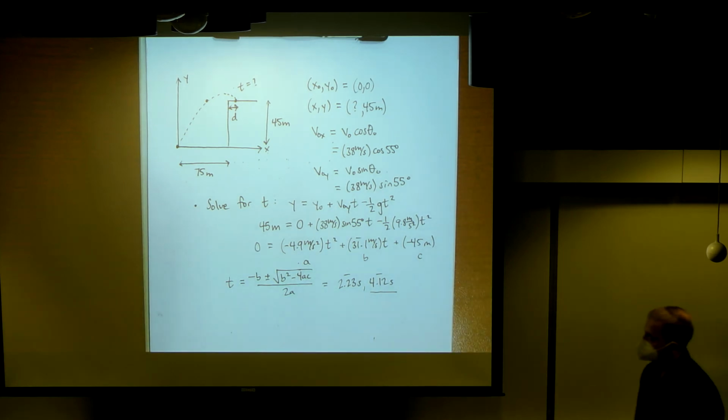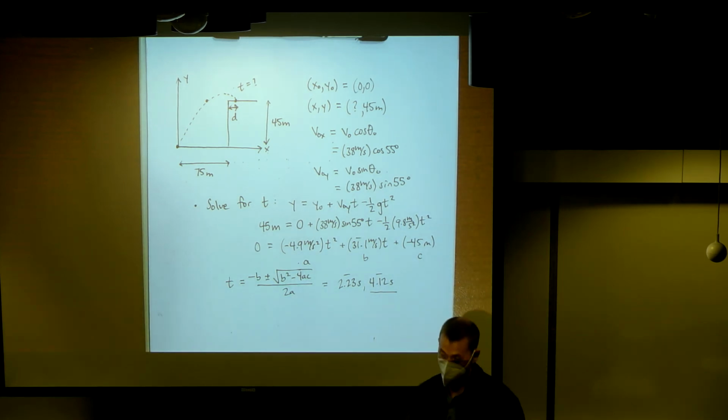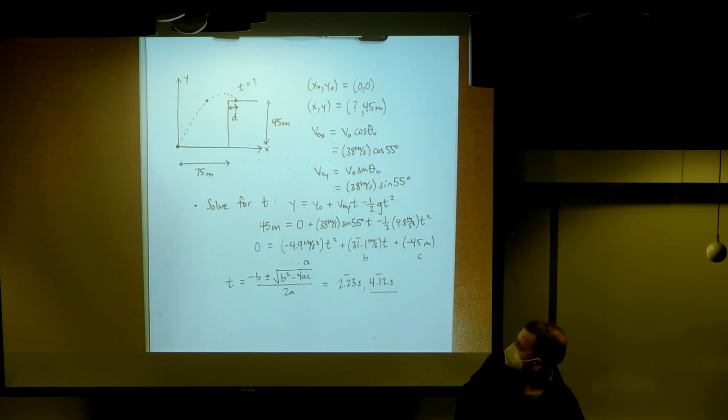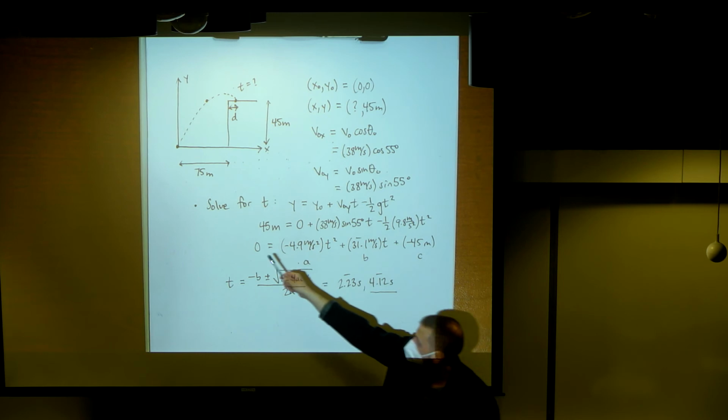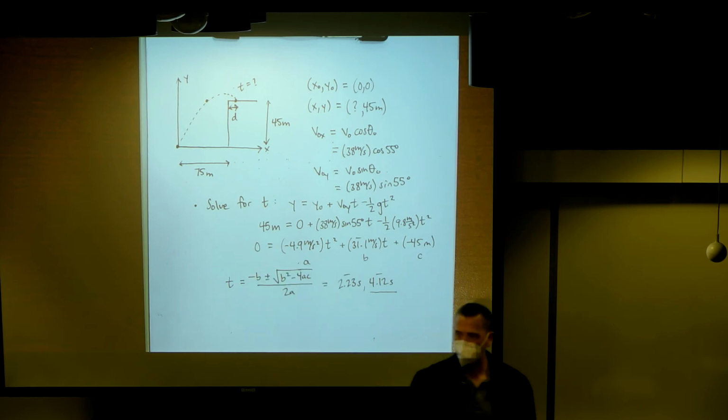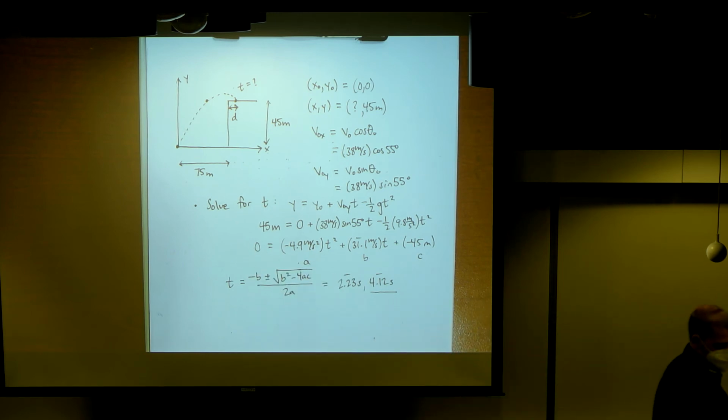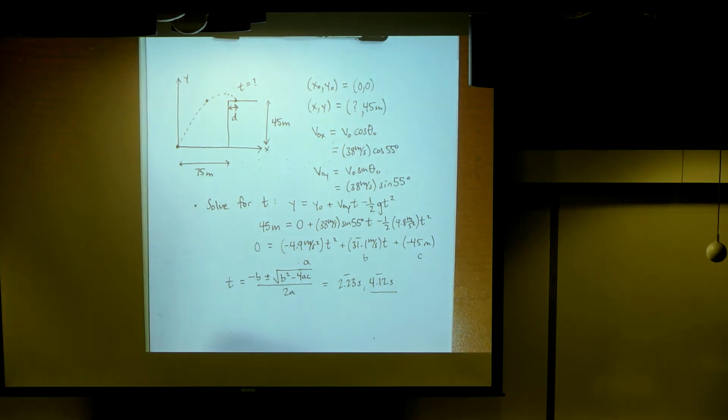Now, how can I calculate how far onto the roof we've made it? What equation can I pull out for that? What equation to solve for horizontal distance traveled, basically? Solving for x.